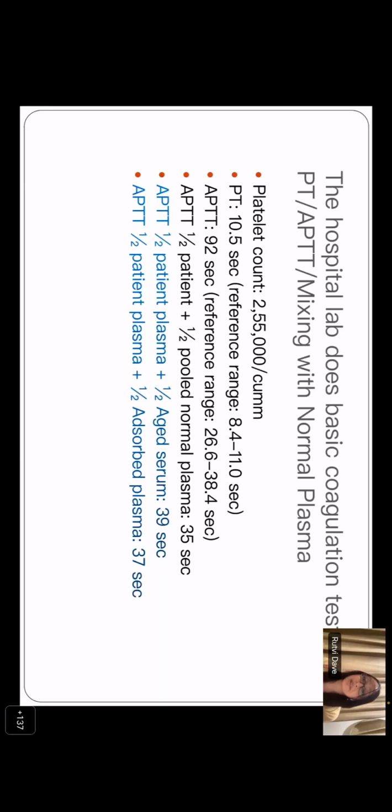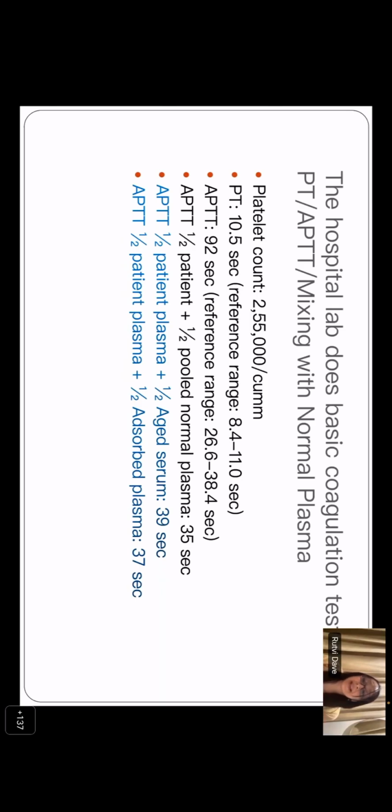So how do you interpret this? With 8 serum, the APTT has prolonged by 0.6 seconds, but it is still a correction. Both of them are correcting.